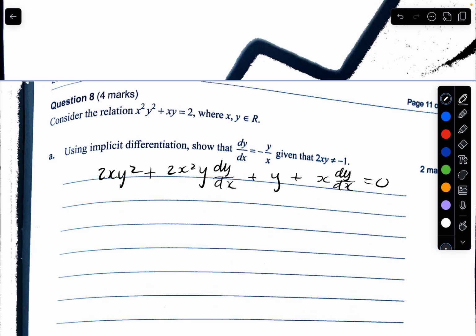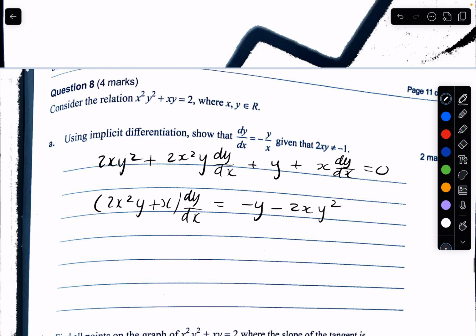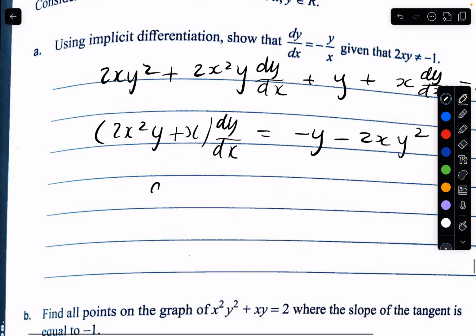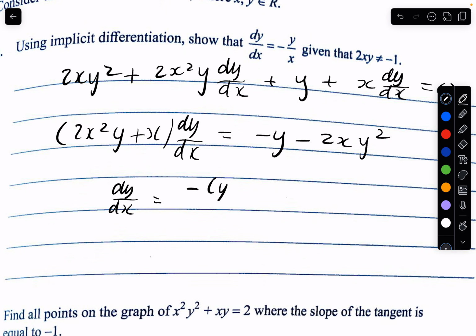So what we can say is 2x squared y plus x dy/dx is equal to negative y minus 2xy squared. And so dy/dx is equal to negative y plus 2xy squared over x plus 2xy squared.